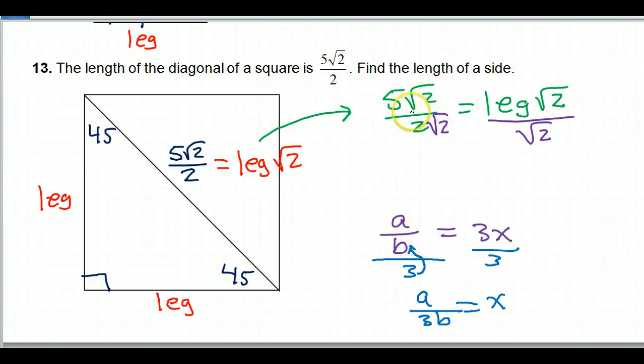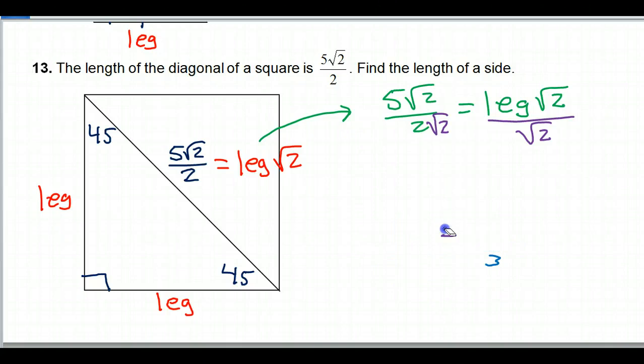So dividing this fraction, 5 radical 2 over 2, by radical 2, all I really need to do is put radical 2 in the denominator. I'm going to show it the long way in a second, but this is the best way. So for anybody that's watching this video, that's a bonus for you. You'll be able to do this the easy way.